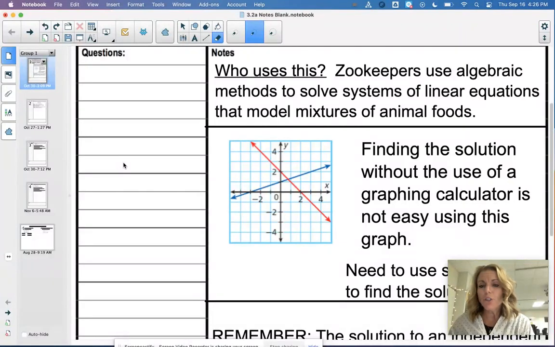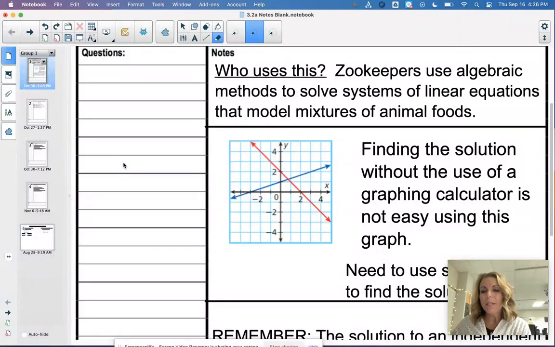In the last section, we talked about how if we graphed two lines and they intersected, their solution is the point where they intersect. However, when we look at the graph in front of us, they're not intersecting at nice integers. They're intersecting at decimals.